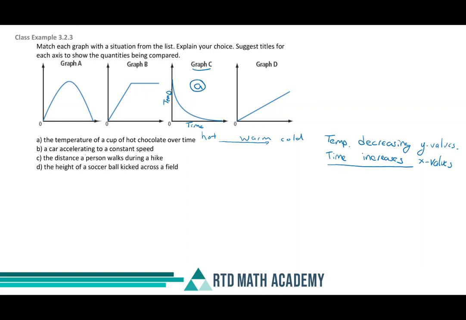Question B, a car accelerating to a constant rate. So it's a car, it's accelerating, and then it becomes constant. So we are talking about the speed of a car. And we could talk about this over time, or we could talk about this over distance. So as the distance is increasing, our speed is going to increase and then steady itself out.